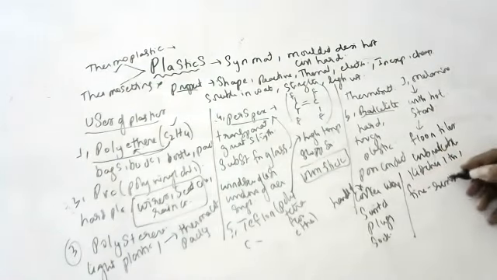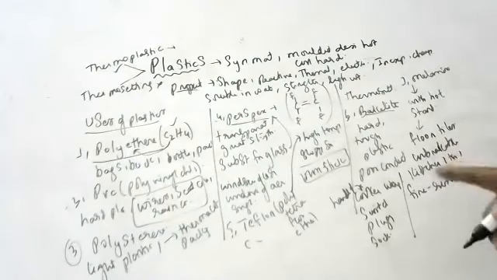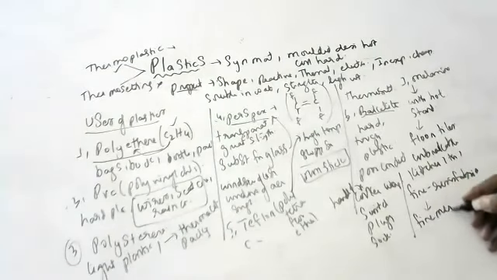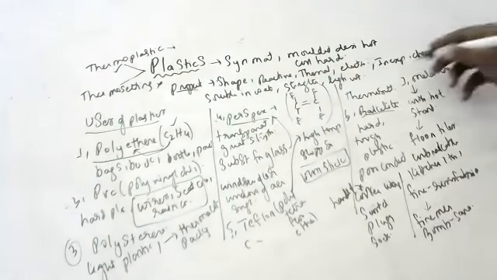Since melamine is a fire resistant plastic, the uniforms of firemen and bomb squad people are made using this, children.